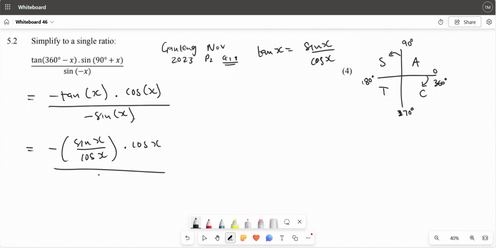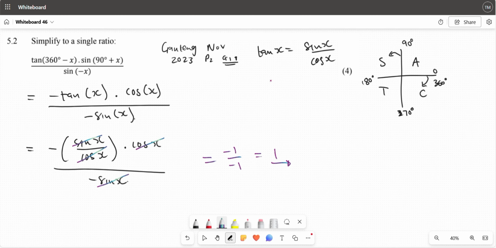Still have every other thing the same, negative sine x. And then what I will notice is happening at this point is that this cos and this cos are multiplying each other, and so they cancel. And lastly, the sine here at the top and the sine here at the bottom also cancel. So I end up with a negative 1 that is dividing a negative 1. And that is a positive 1.